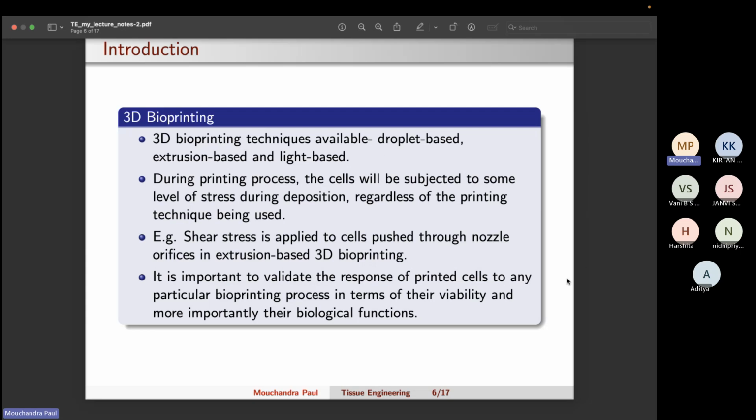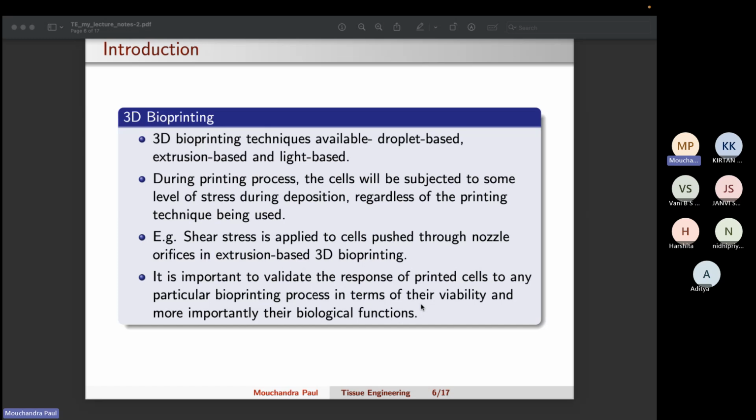So it is one challenge in this area, where people have to use the correct type of material and correct printing conditions in order to increase the cell viability as much as possible.